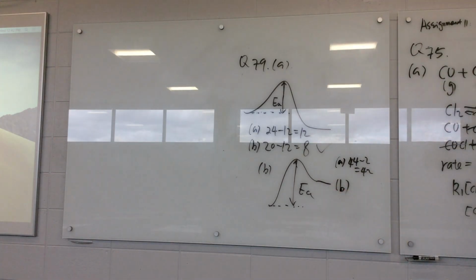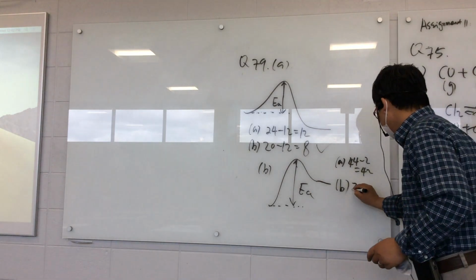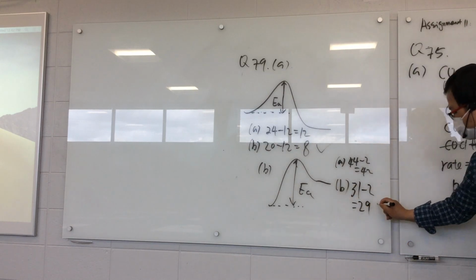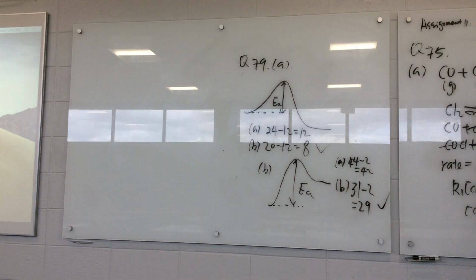For B it is about 31 minus 2, right? So for B, this is also B, because the activation energy is smaller. Then for both cases, B is the catalyzed one.